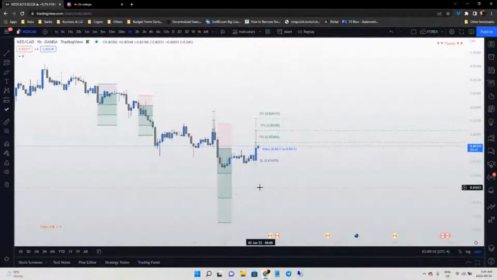What is really great right now is that we added an extra feature for you to understand exactly where we're at in the market on the higher time frame. You don't need to go to the higher time frame to look at that information. It's shown for you in the top right corner, and it's called Fusion.